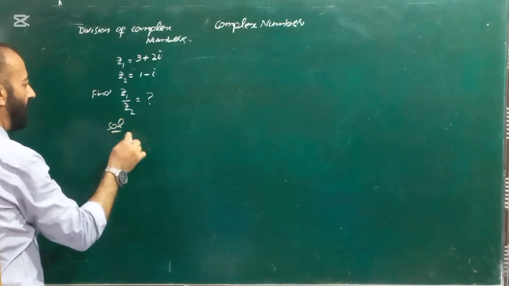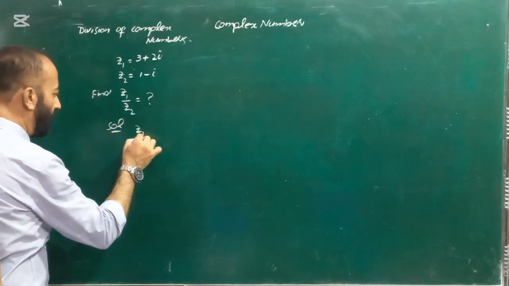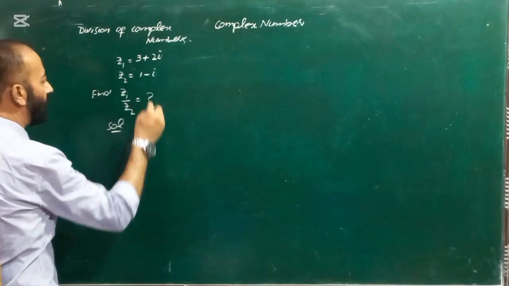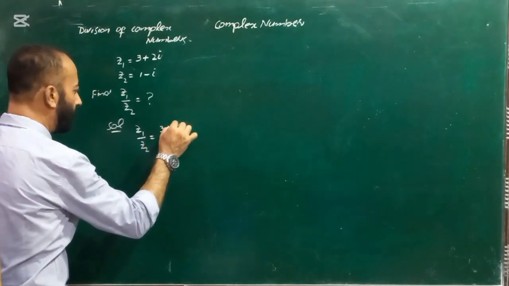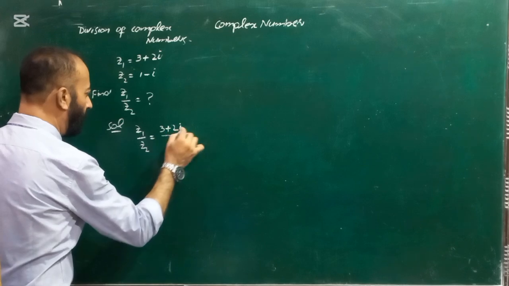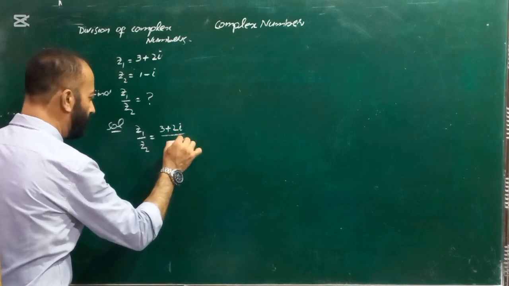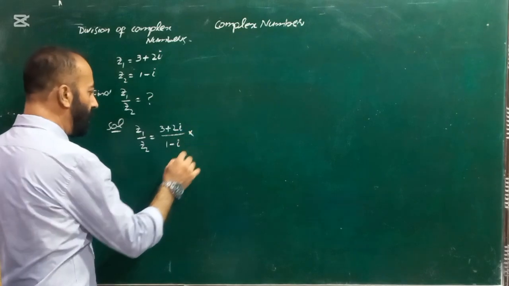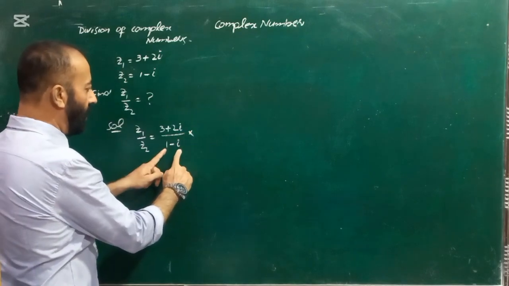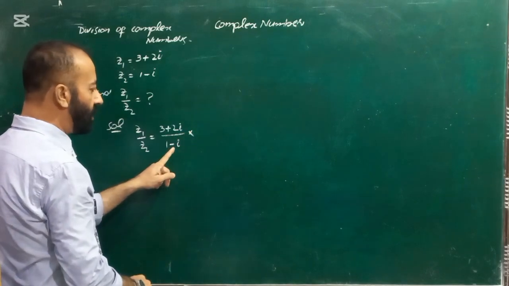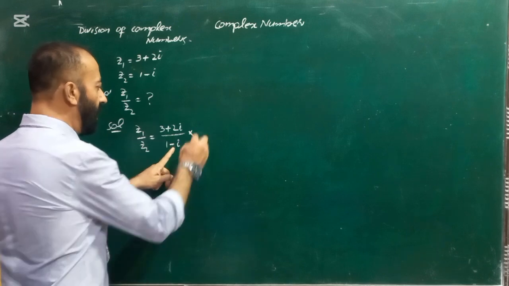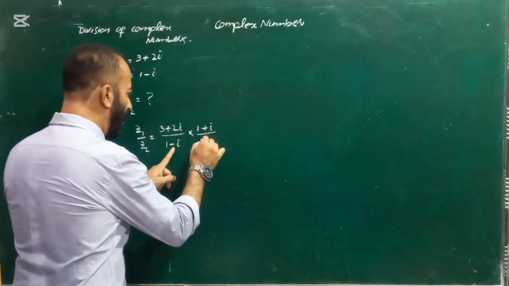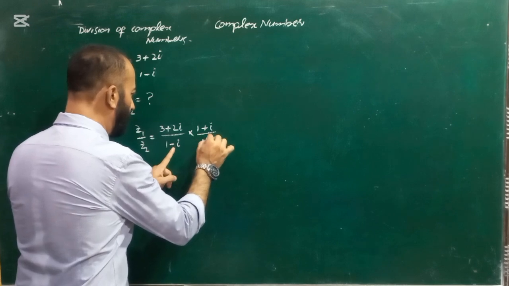First put the values: 3 plus 2 iota over 1 minus iota. The method is to change the sign of the imaginary part in the denominator and multiply and divide with it.